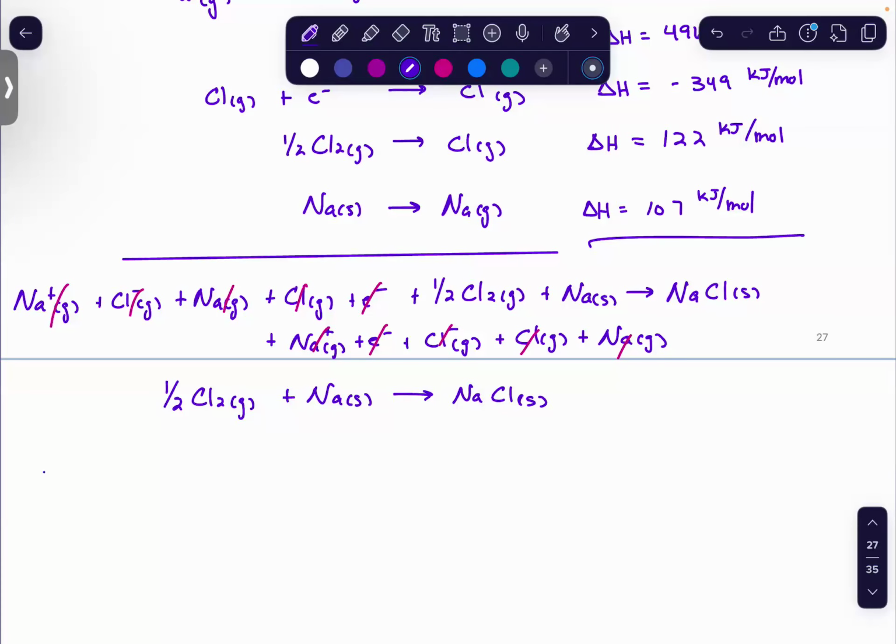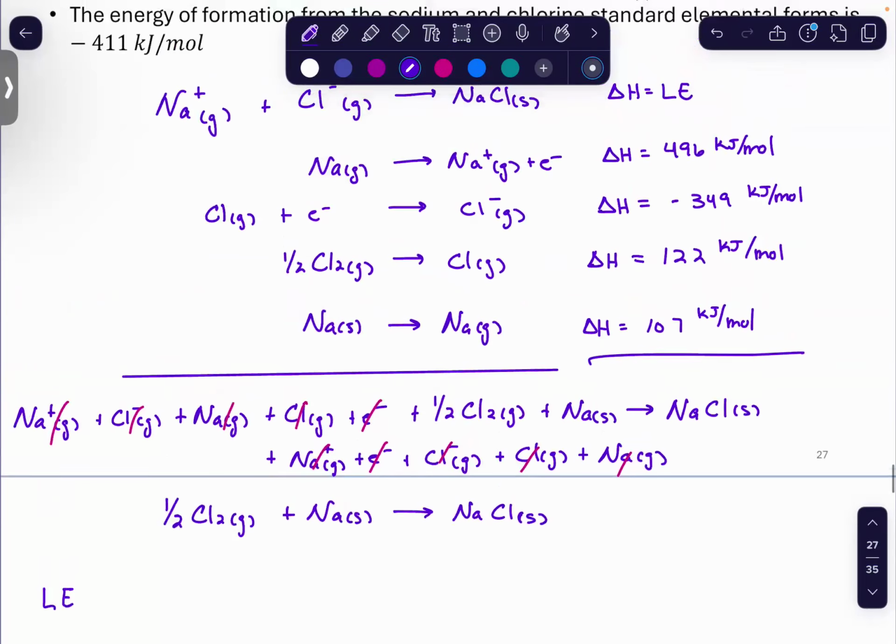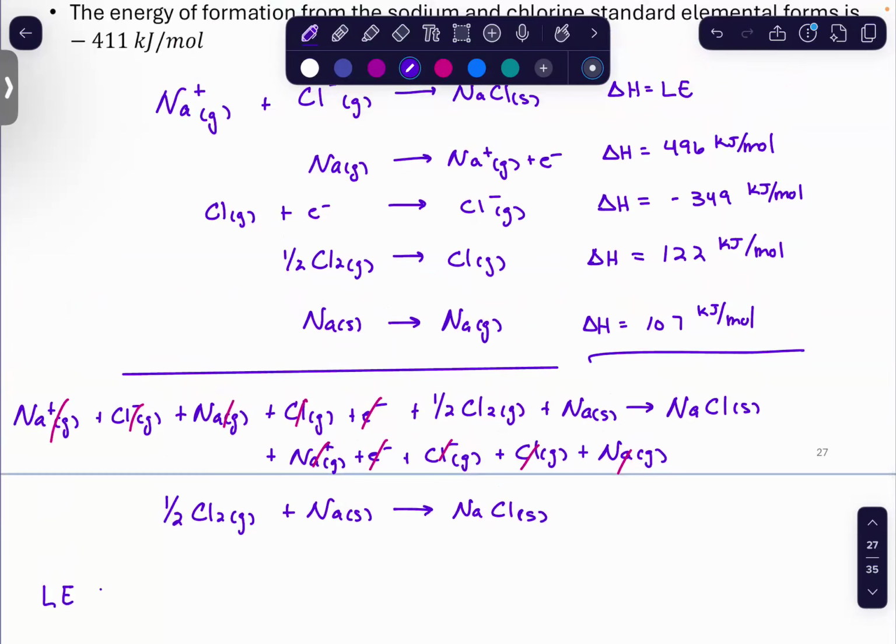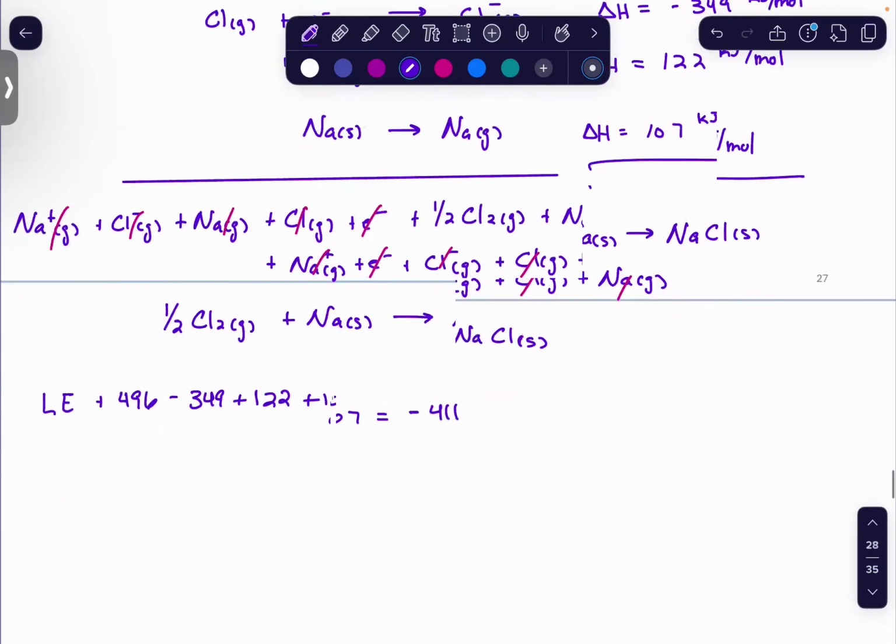So that'll give us our lattice energy. That's 496 minus 349 plus 122 plus 107. And we remember that the whole thing is a negative 411 from our Born-Haber cycle.